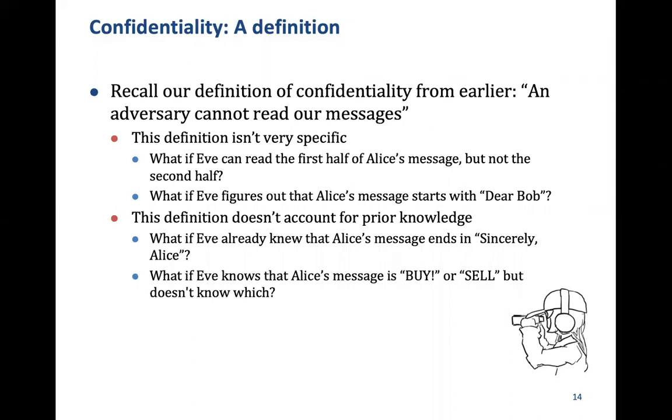Or she may also know something else, that this message is about buying and selling of a stock or something like that. Or she may also know that the last bit of the message is always 0. So these are all prior knowledge, and our definition doesn't cover what will happen if there is prior knowledge.